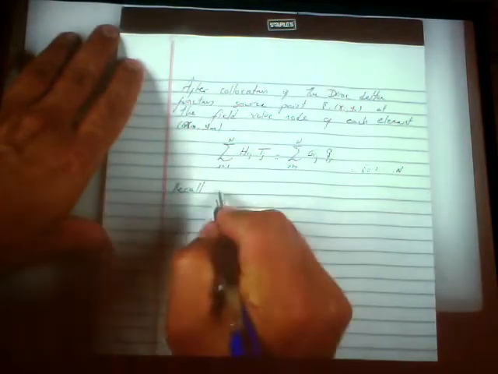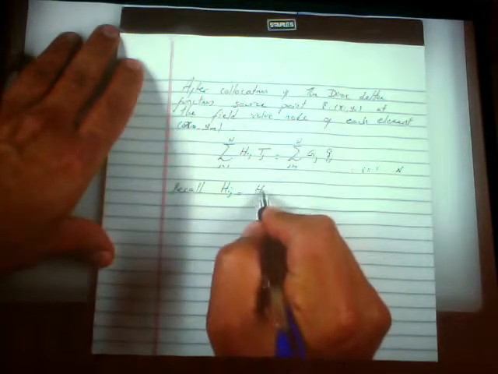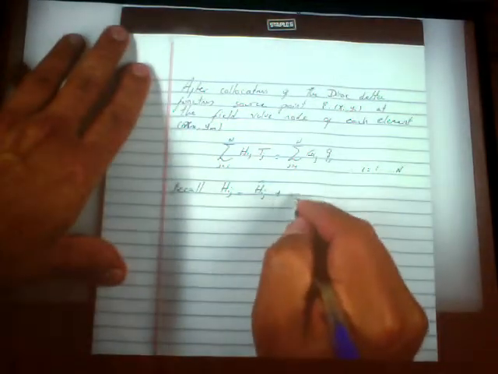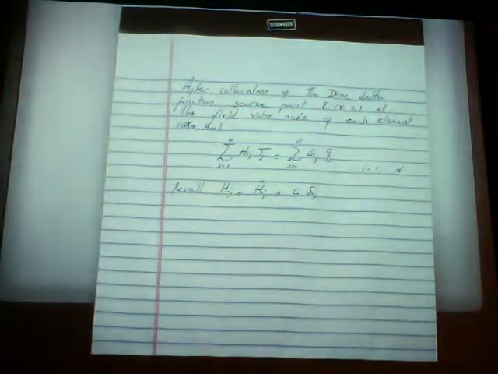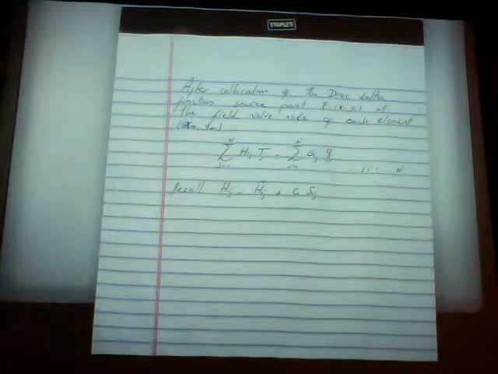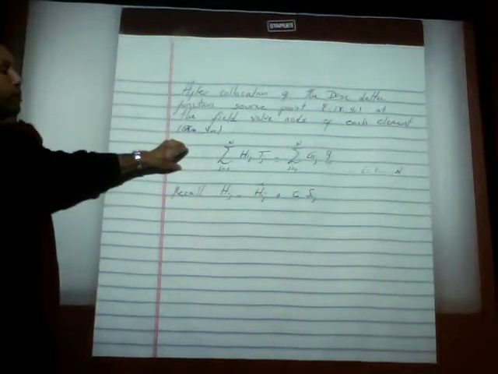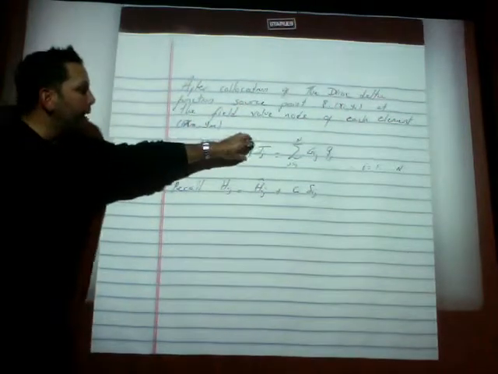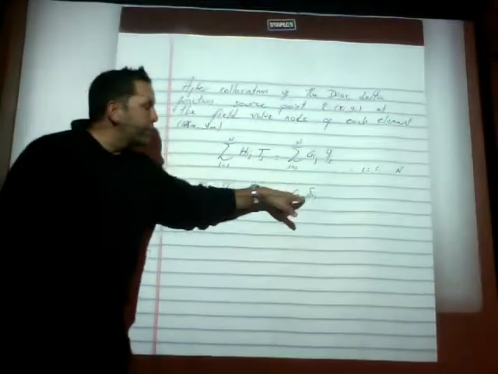Remember, Hij is equal to the Hij hat components that we've been calculating on that integral plus Ci delta ij. We already defined this. Because remember the BIE, the discretized BIE had Ci plus Hij hat here. So we combine the Hij hat with the Ci by adding only to the diagonals.